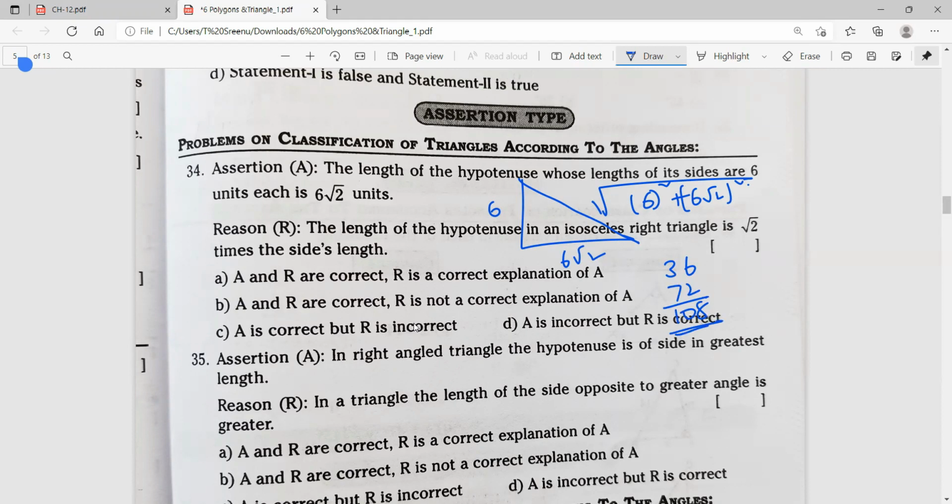The length of the hypotenuse of an isosceles right angle triangle is root 2 times the side's length. So here, isosceles right angle triangle means two sides are equal, right? Root 2 times its length, right? It's false.